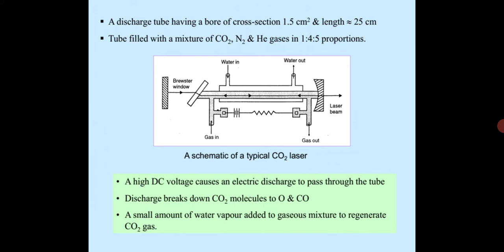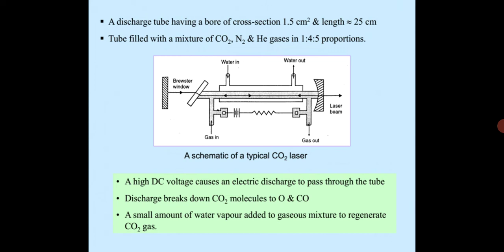Now in this also, just like the helium neon discharge tube, here also a discharge is utilized. A discharge tube has a bore of cross section 1.5 centimeter square and length of 25 centimeter. The tube is filled with a mixture of CO2, N2 and helium gases in 1:4:5 proportion.